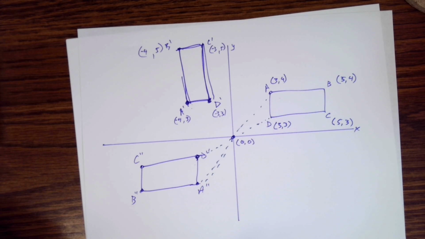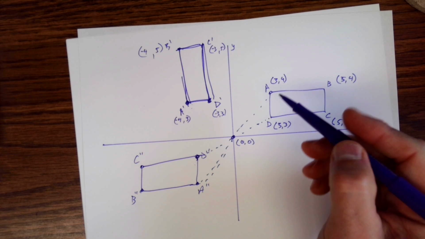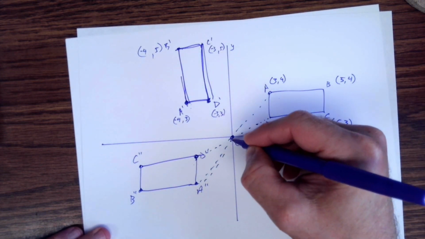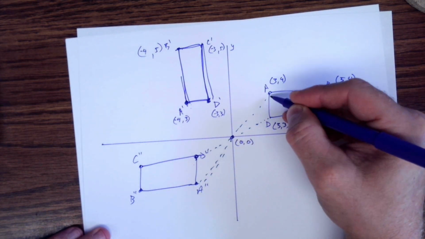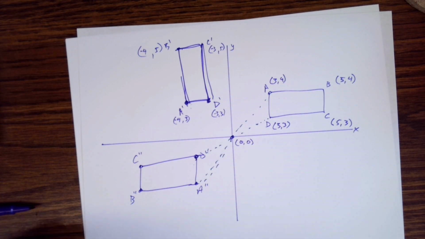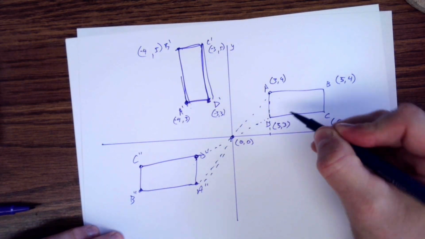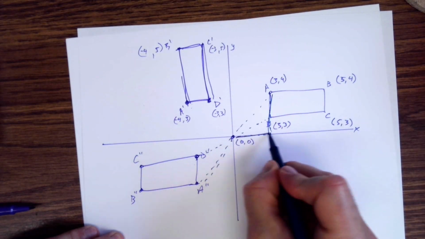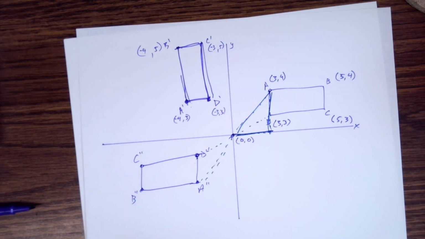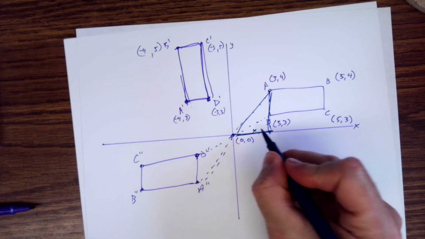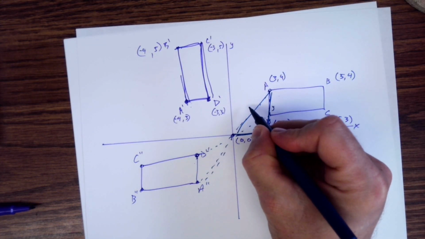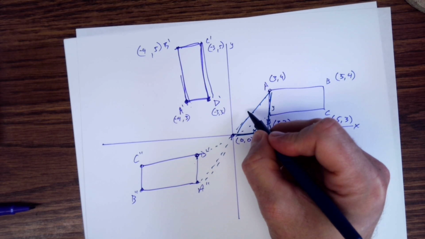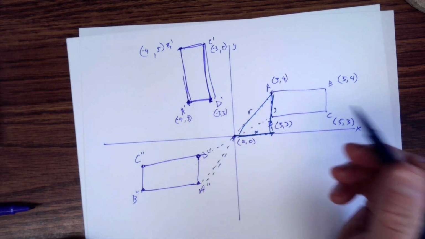Well, notice what we're creating there, right? If you were to look at this, let's go from origin to A and then down here to the x-axis. You have a right triangle with the x-coordinate, the y-coordinate, and then, since this is a rotation, we're creating a circle, so we'll call it R for a second.